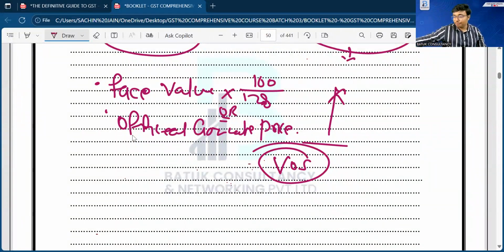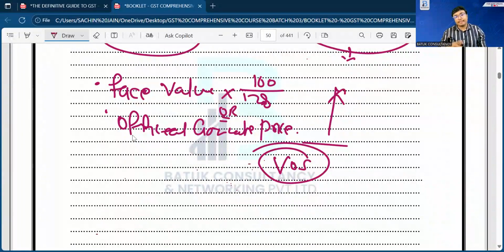So if you get a query from a client dealing in lottery tickets, the value will be decided according to this specific rule, and when a rule is given, the value will be determined according to the rule only. Face value you can easily find on the lottery ticket, or the official price you can check through the gazette. That is the option you have.